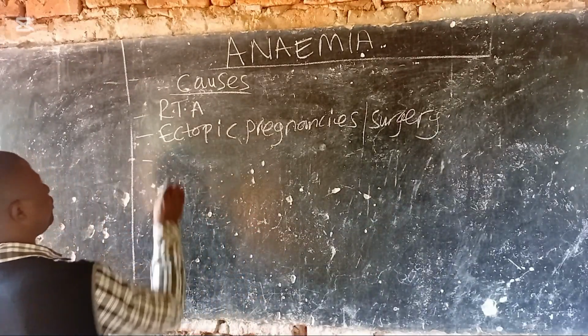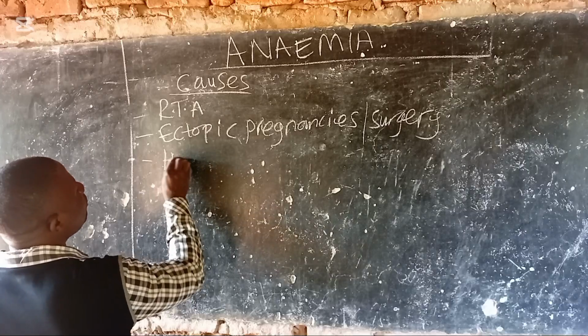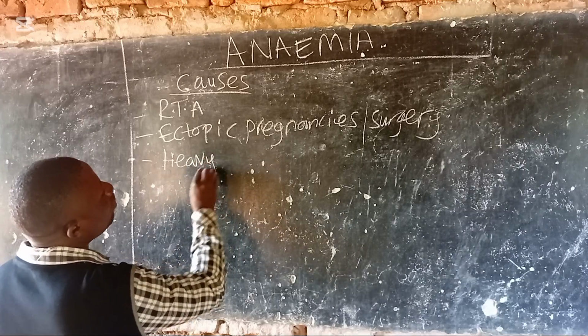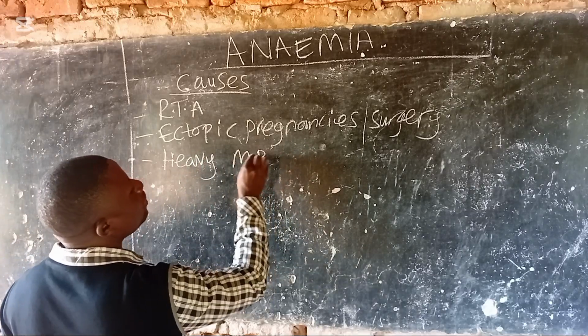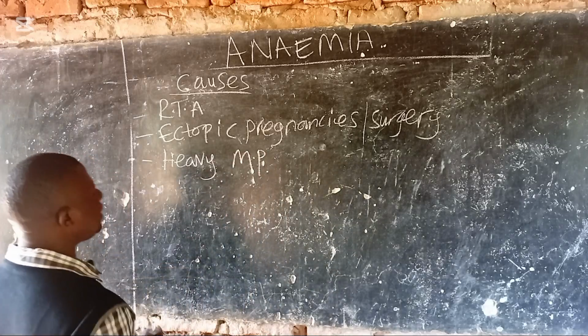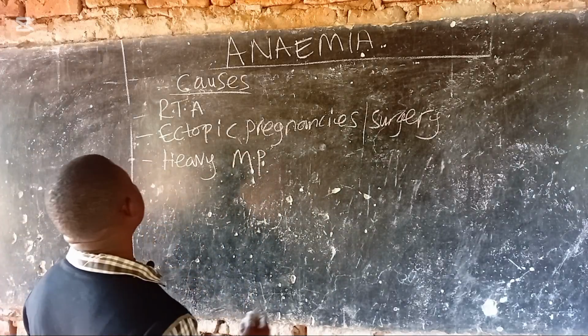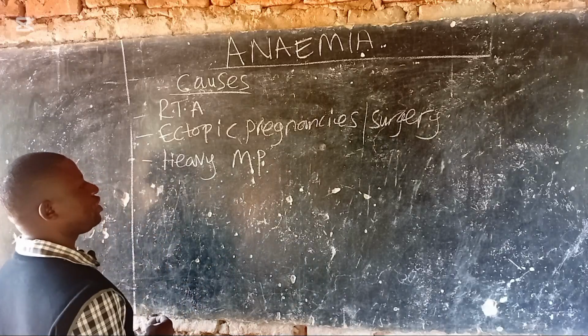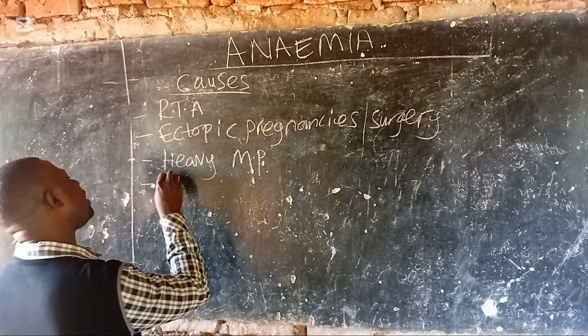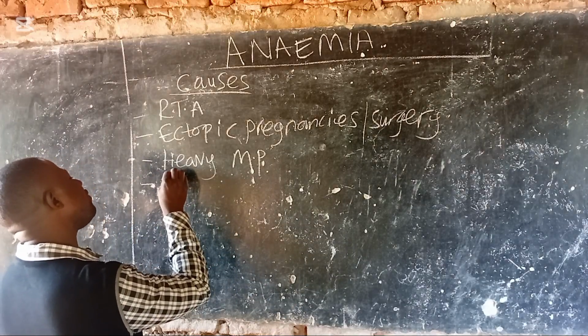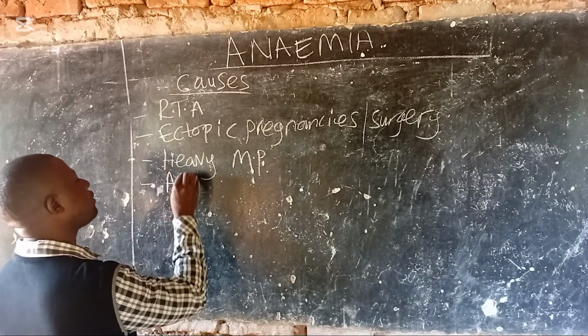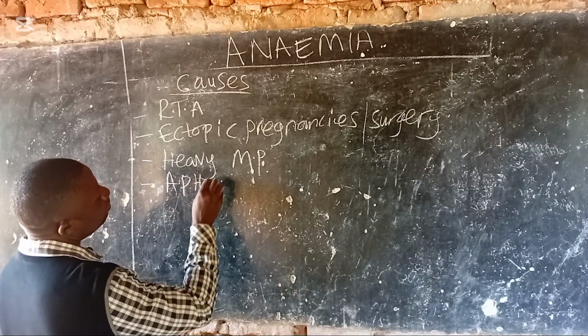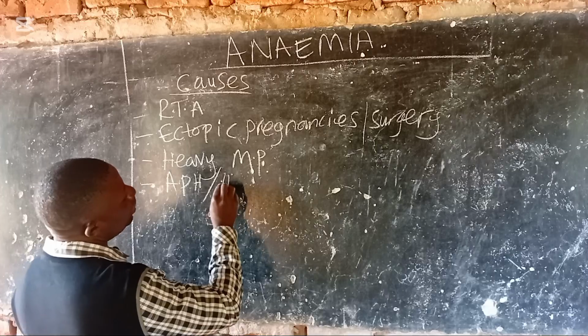Then heavy menstruation periods. If you get a heavy menstrual period, you will get this acute anemia. Also, there are things like in the maternity, there is APH and PPH.